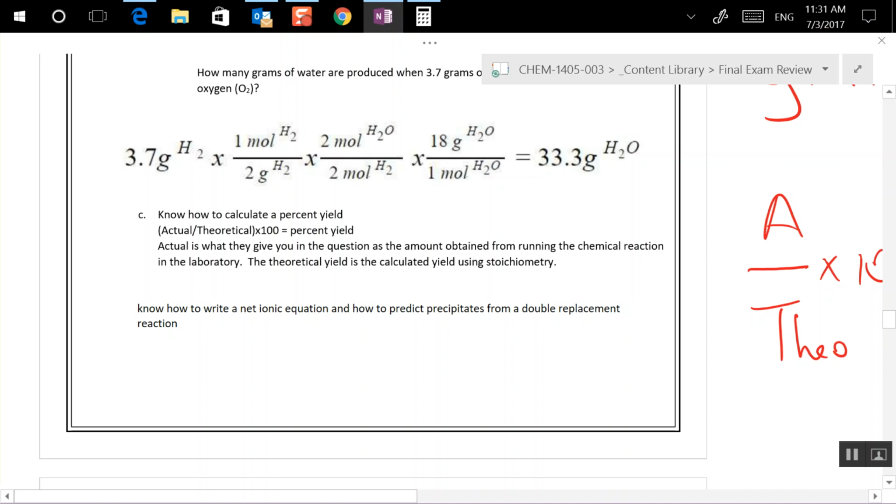So you'll never stop at M. You'll always go to G if it's for percent yield. Because in the laboratory, we don't measure actual yields in moles. We can't do that. We measure it in grams on the scale, right? So you have to calculate the theoretical yield in grams.